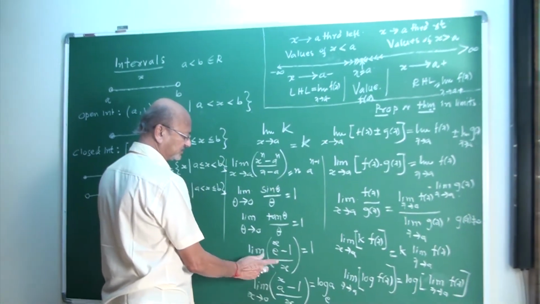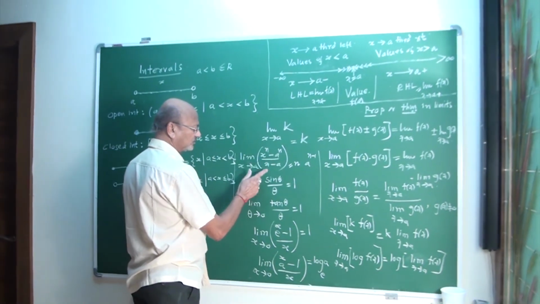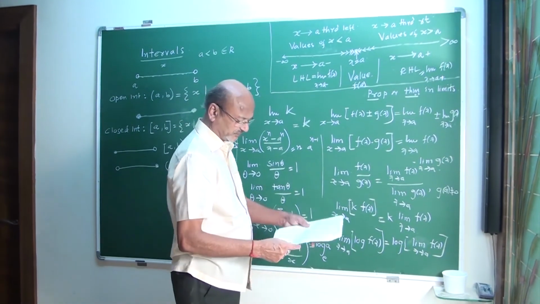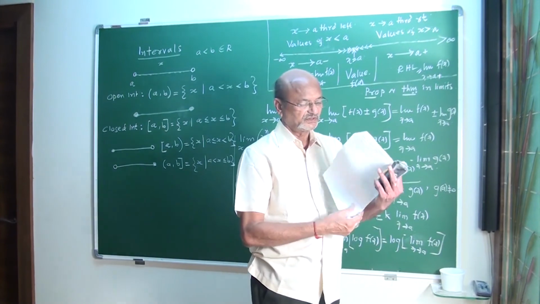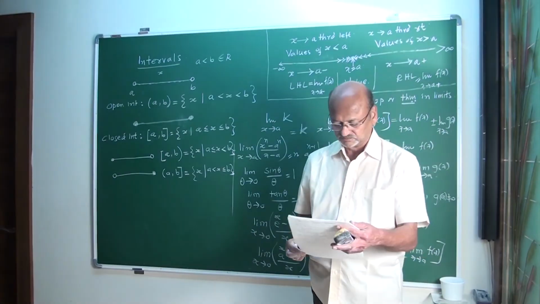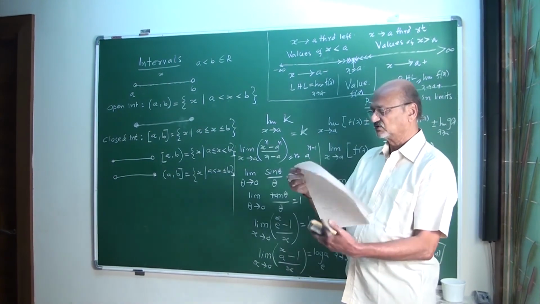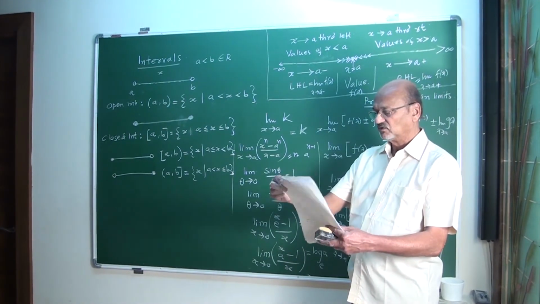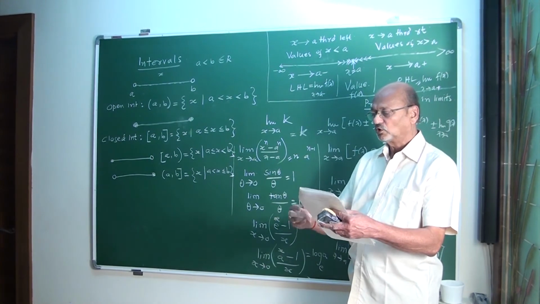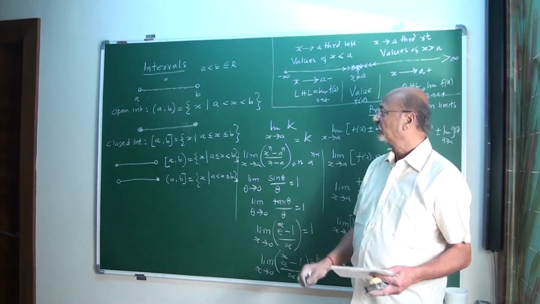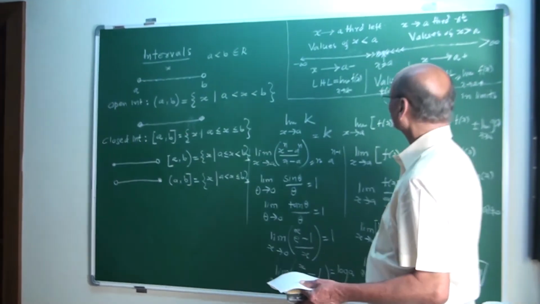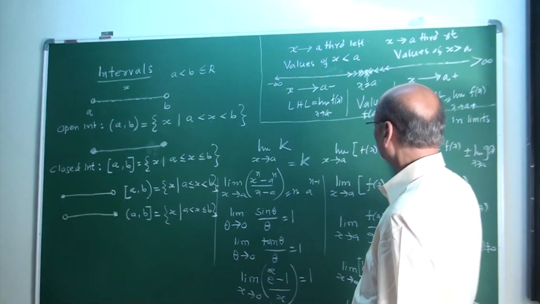We have just mentioned this and proved this. This is about intervals. Finally, we come to what is meant by continuity of a function. This is about the limit, value, everything.